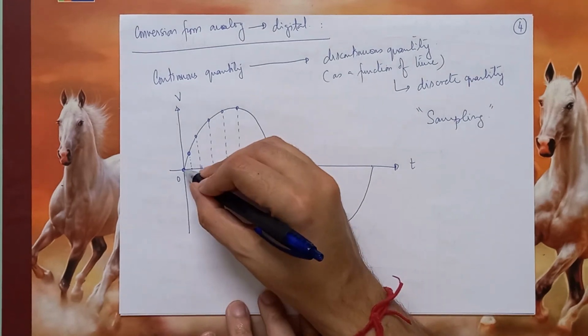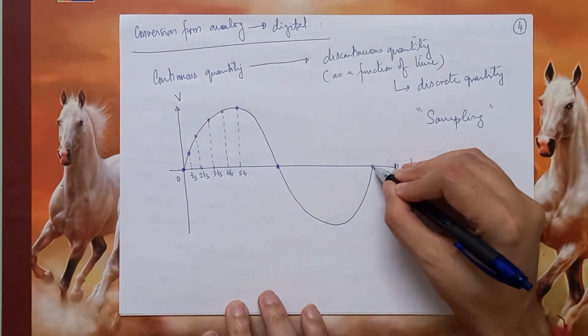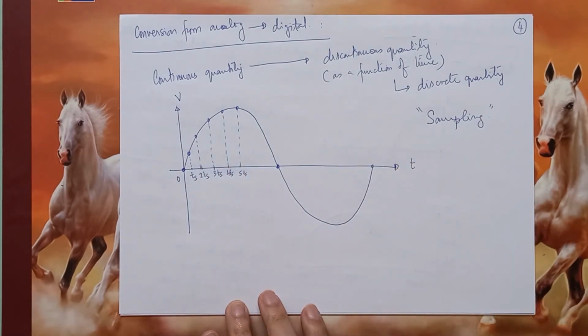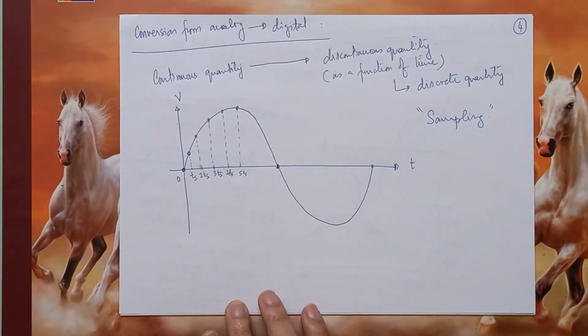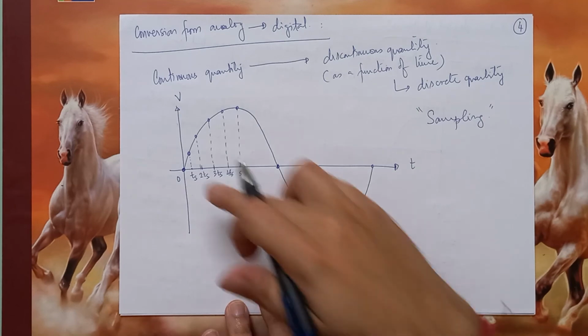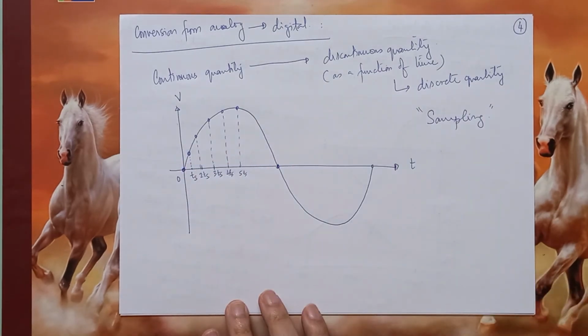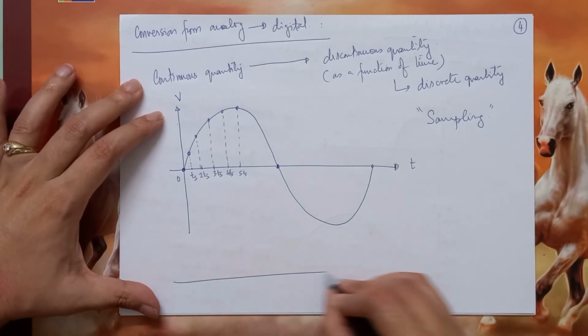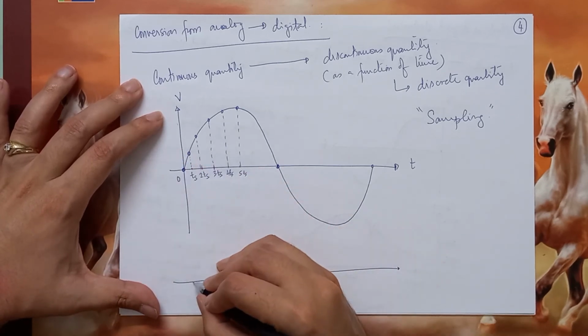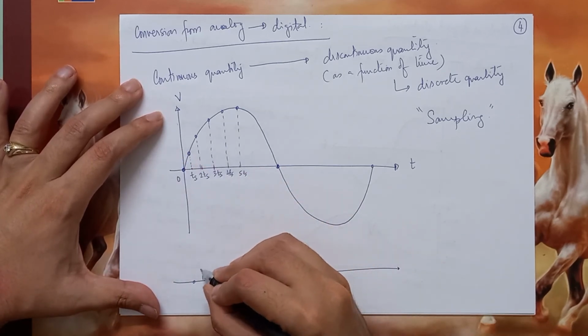Suppose I take a sample here, here, and here. Is that sufficient? Not at all. Because if I just observe these three samples, they're all zero. So it would appear to me as if the signal is always zero. On the other hand, if I take a good number of samples, let's say the way I've done over here, the sampled signal will look like this.